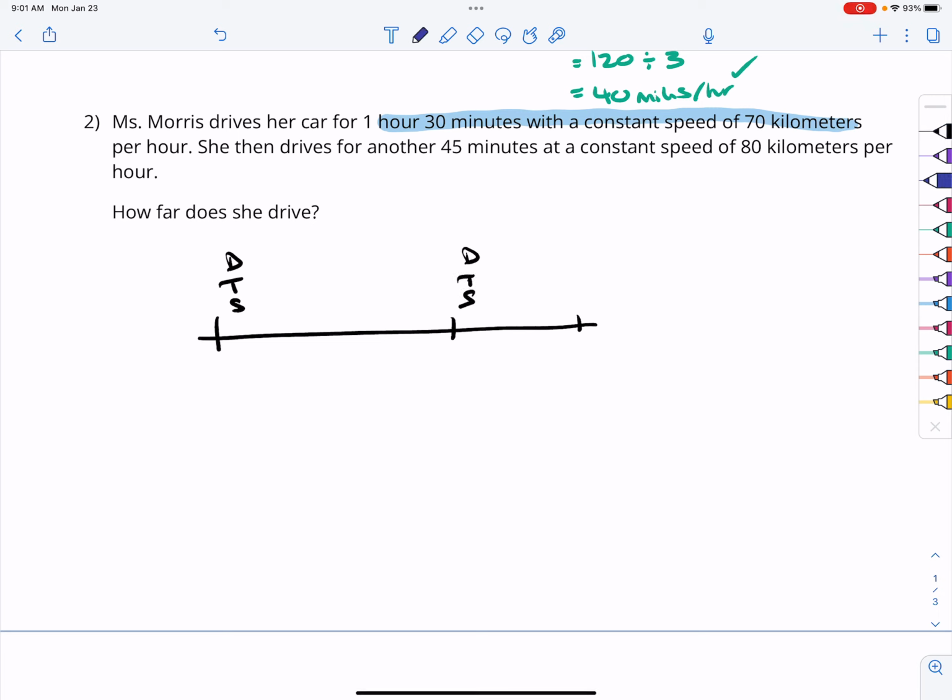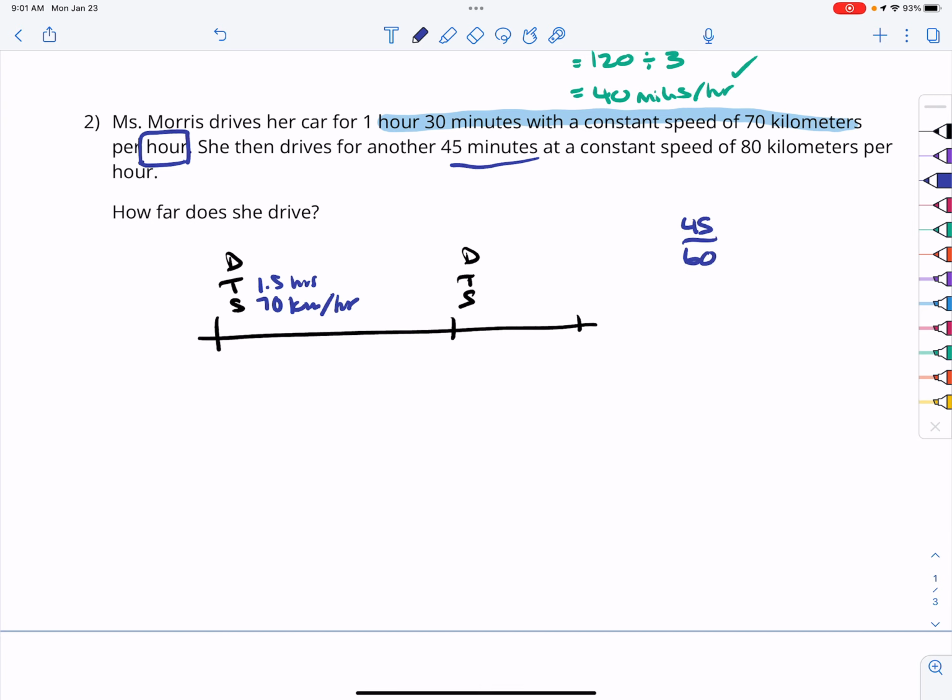So to get us started, she drives for 1 hour and 30 minutes at a constant speed of 70 kilometers per hour. So because our speed is in kilometers per hour, I'm going to convert all of my times to that same unit. So 1 hour and 30 minutes is 1.5 hours. And then in that second portion, she drives for 45 minutes. Well, 45 minutes, 45 out of 60.